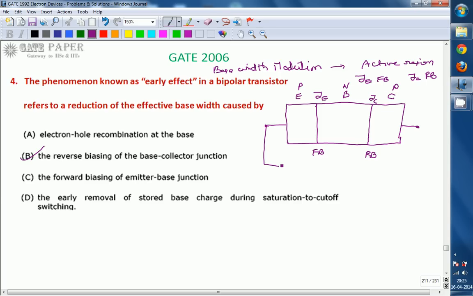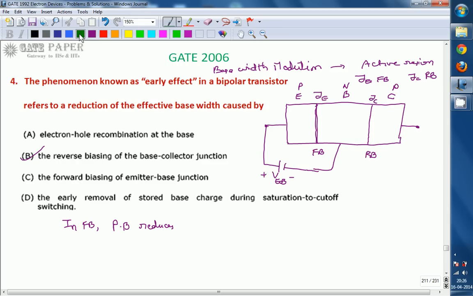For the P side you apply positive voltage, this is VEB. Under forward bias the potential barrier reduces, both its height and width, so no need to draw the width at the emitter base junction.